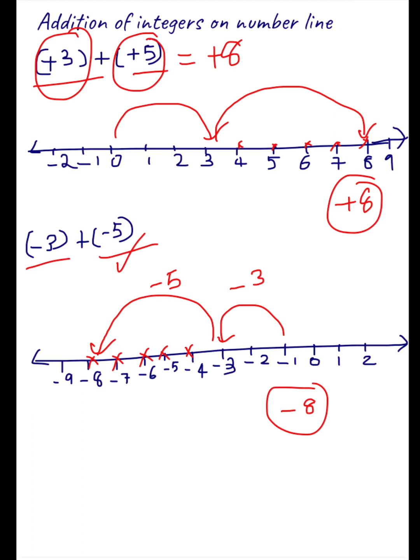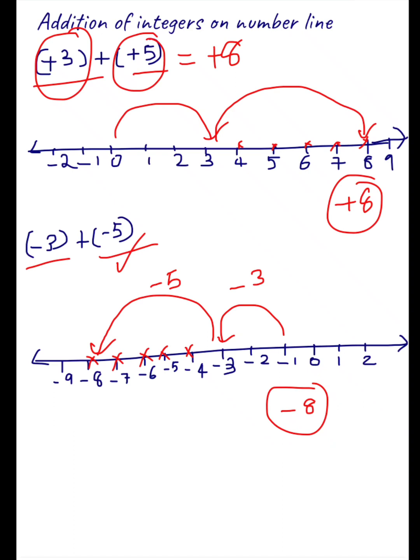Since you are adding a negative number, you are moving to the left side. In the first case you were adding a positive number, so you moved to the right side. But in this case you are adding a negative number, so you have to move to the left side. That is the only difference. Whenever you are adding a negative number, you move to the left side, and whenever you are adding a positive number, you move to the right side.